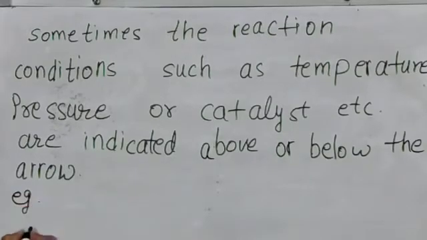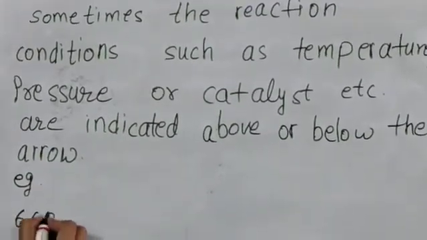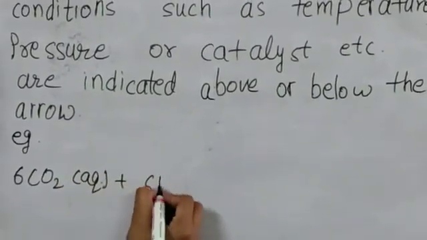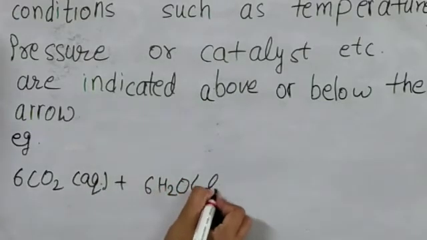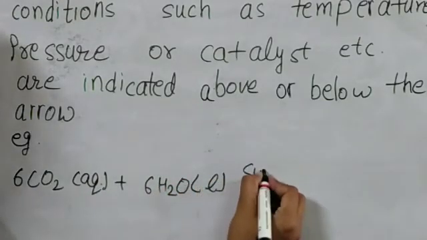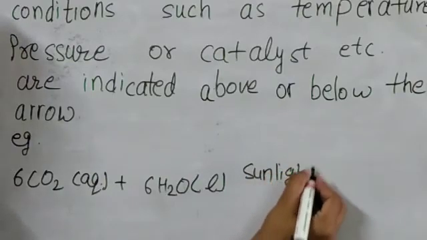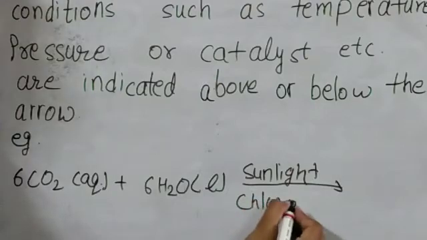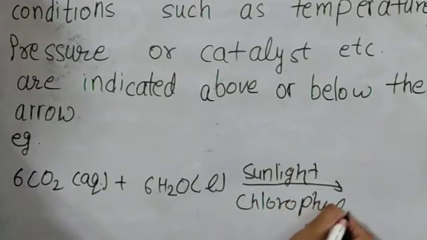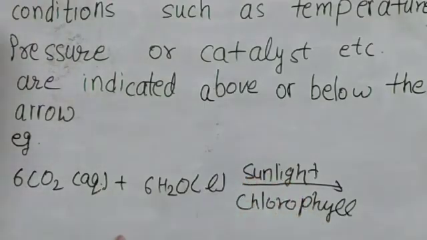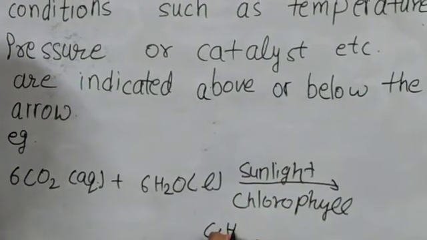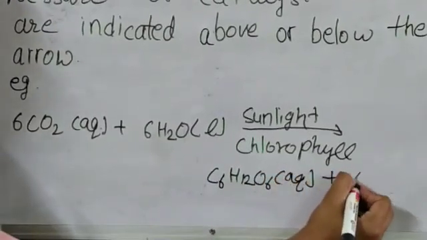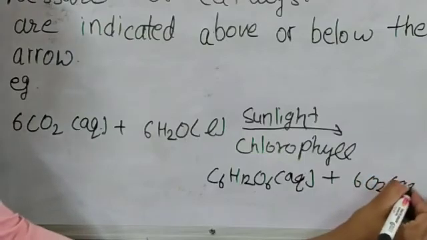For example, carbon dioxide plus water, in the presence of sunlight and chlorophyll, yields glucose plus oxygen.